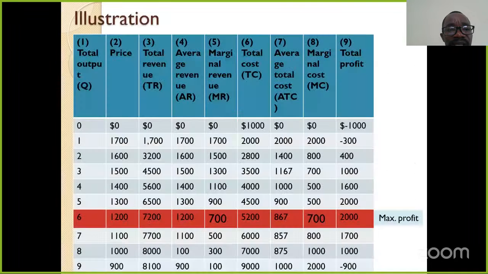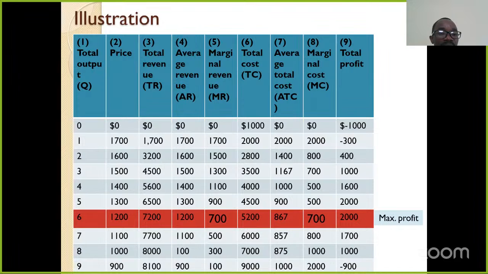For illustration's sake, let's look at the table. We have total output in the first column. Second column, we have price. Third column, total revenue. This total revenue is calculated by multiplying the output and the price.